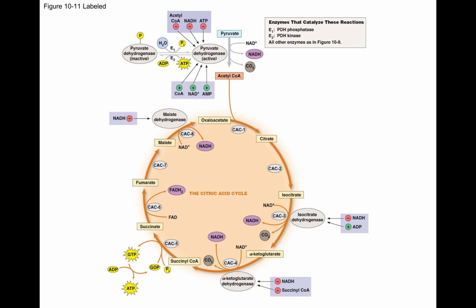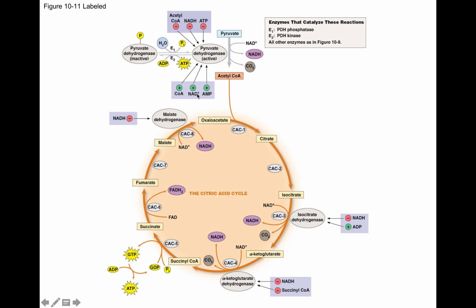As in glycolysis, as in any biochemical pathway, there are many points on that pathway where it can be allosterically regulated. Compounds bind to the enzymes and regulate their activity. So pyruvate dehydrogenase is inhibited by acetyl-CoA, NADH, and ATP. If you have a lot of those, you wouldn't want to go through the cycle that makes those, so you shut down that cycle.